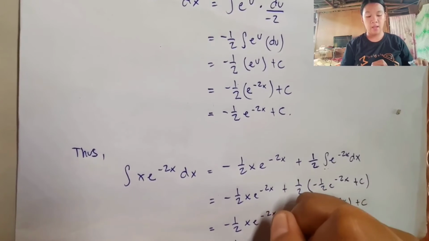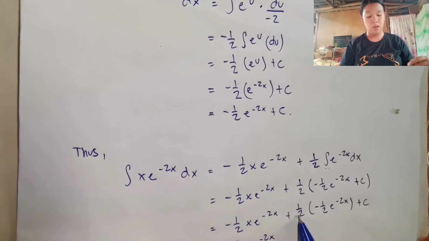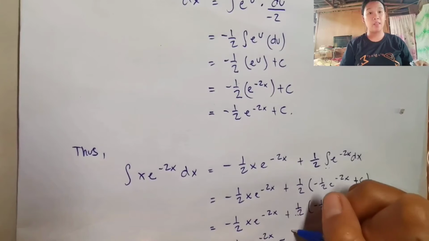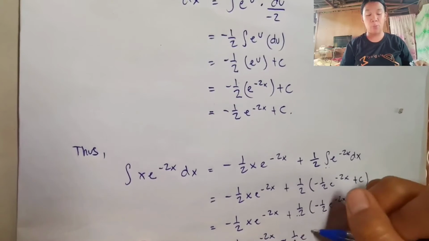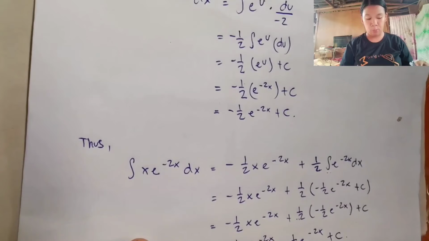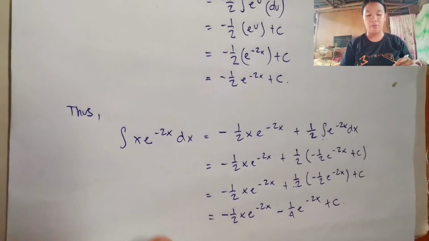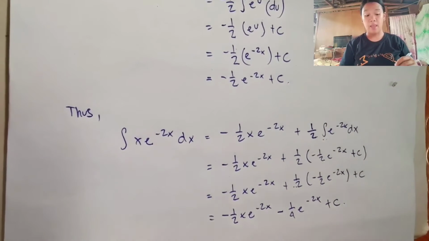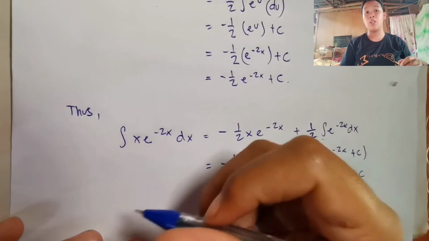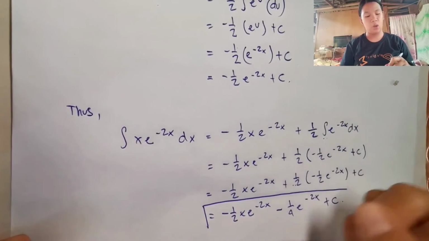So we copy the first term, then 1/2 times negative 1/2 e raised to the power of 2x becomes negative 1/4 e raised to the power of 2x. So our final answer is negative 1/2 x e raised to the power of negative 2x minus 1/4 e raised to the power of negative 2x plus c. And that's all.